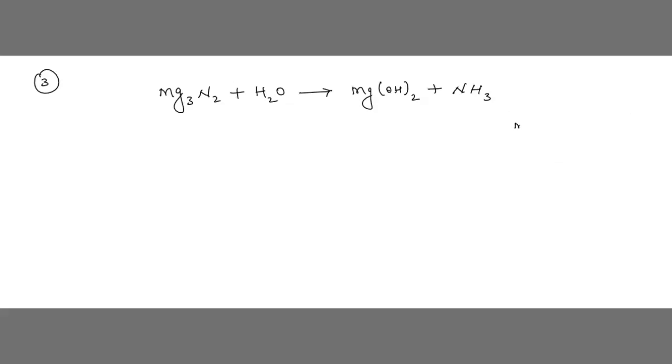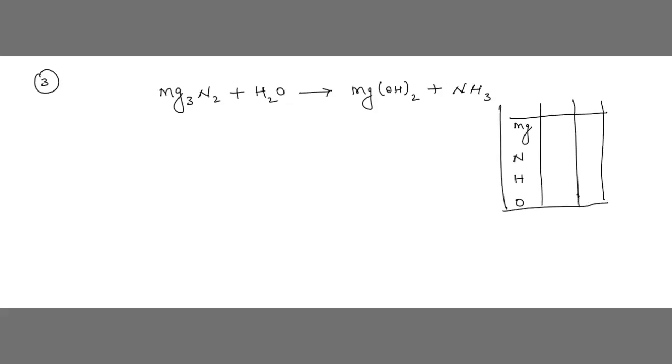Okay. That is Mg we have, N we have, H we have, O we have. Correct? These are the elements which we have. And this is reactant side and this one is product side.